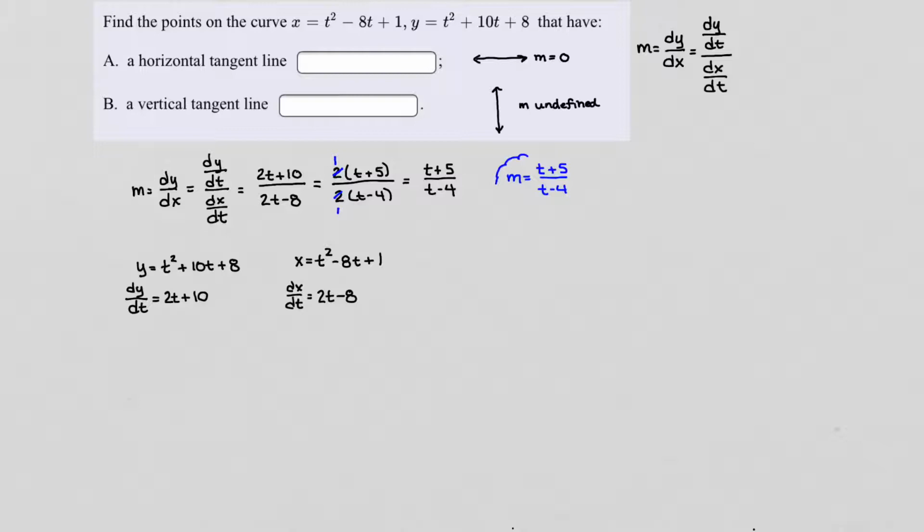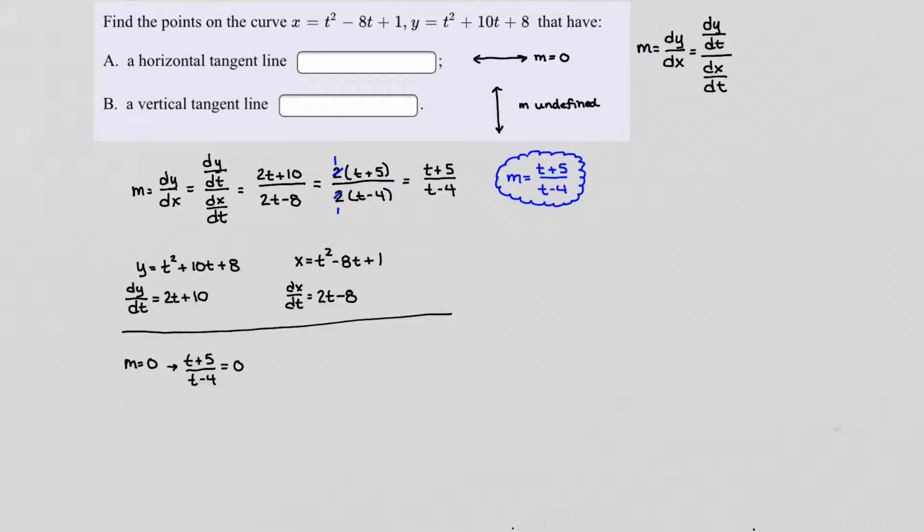Now, what must we do with that slope? Well, we are specifically looking for the places where we have a horizontal tangent line and reminding ourselves that's when our slope is 0. So let's figure out when our slope is 0. Our slope will be 0 when our rational expression t plus 5 over t minus 4 is 0. And what does that mean? Well, how do we solve a rational expression equal to 0?